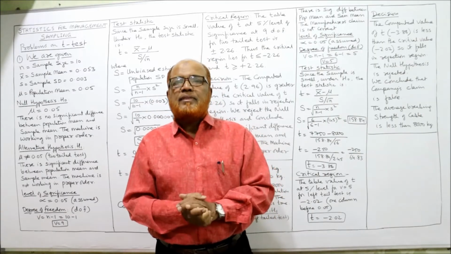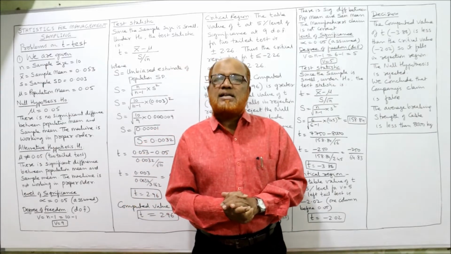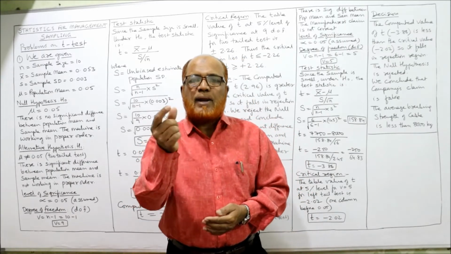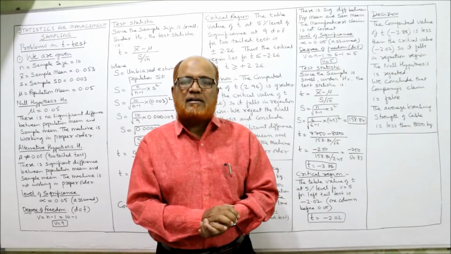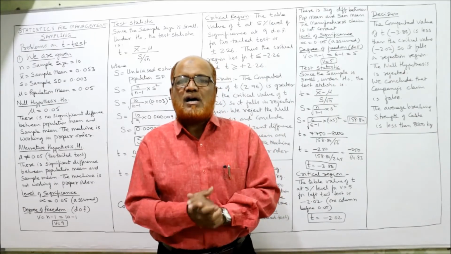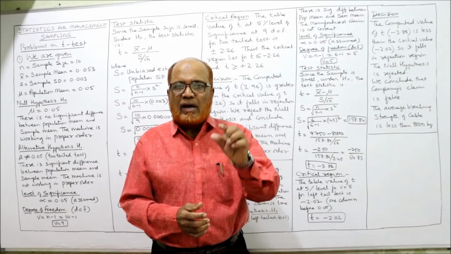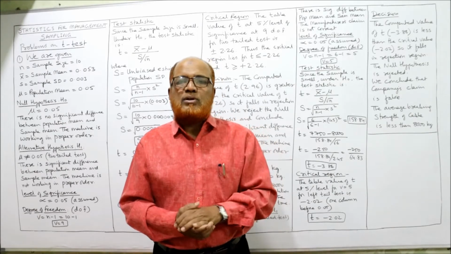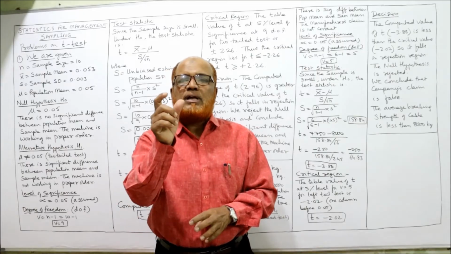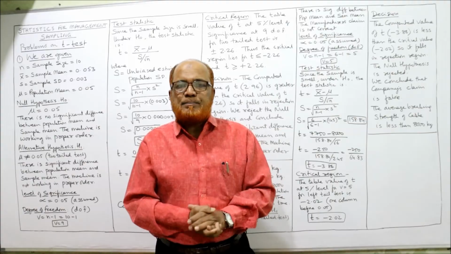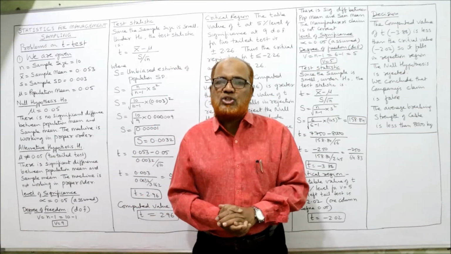Then the third step is the test statistic. In this, we apply the formula of Z. Different formulas are there depending on the contents of the problem. We apply the formula and compute the value of Z. Fourth step, critical region.